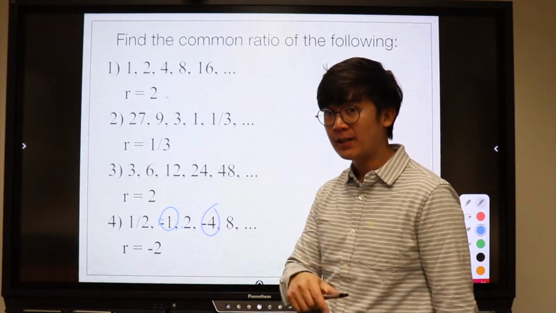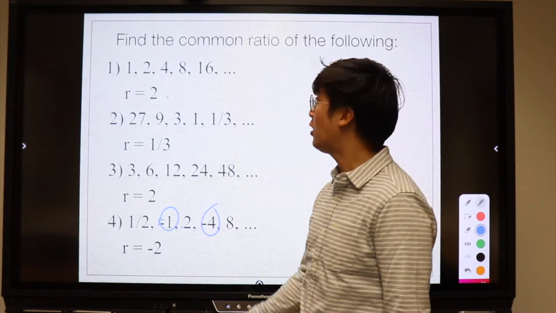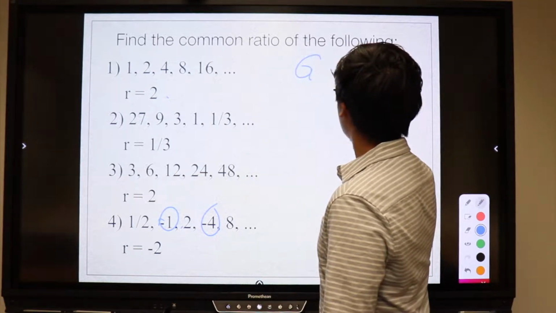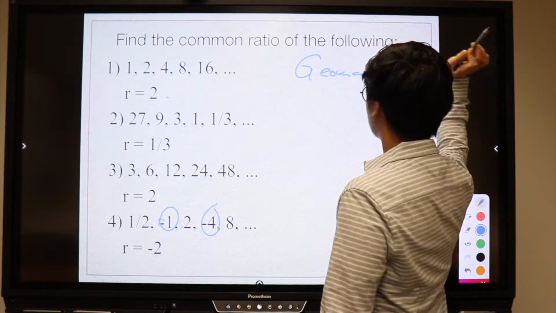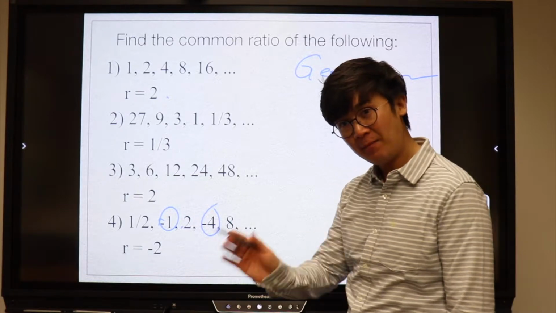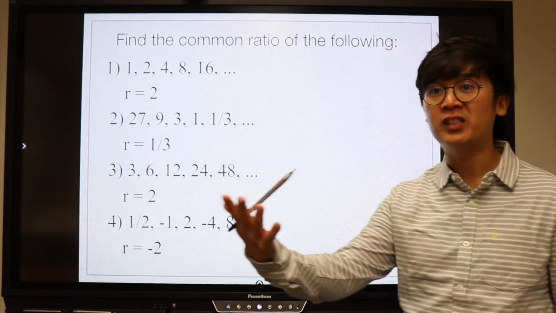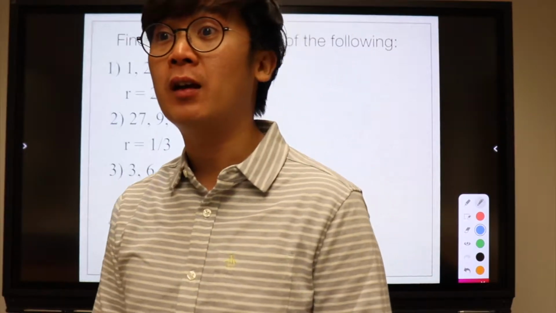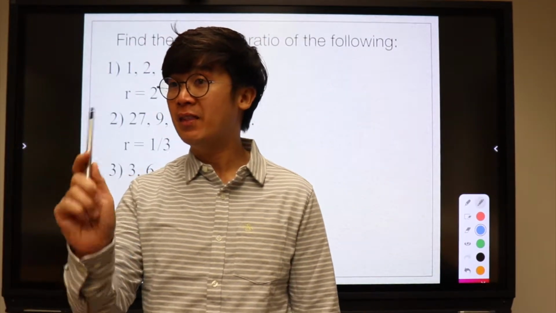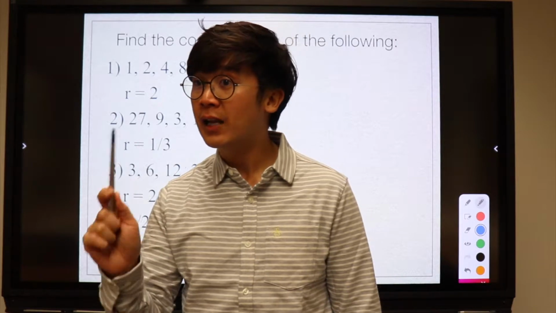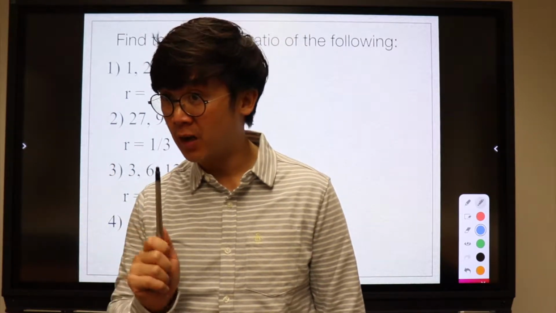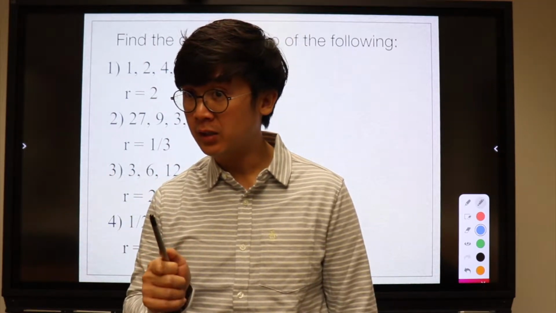And that will always happen for a geometric sequence. Okay? We're not done yet because we're just making sense of the geometric sequence given that they have a common ratio. Now let's work out problems involving geometric sequences.